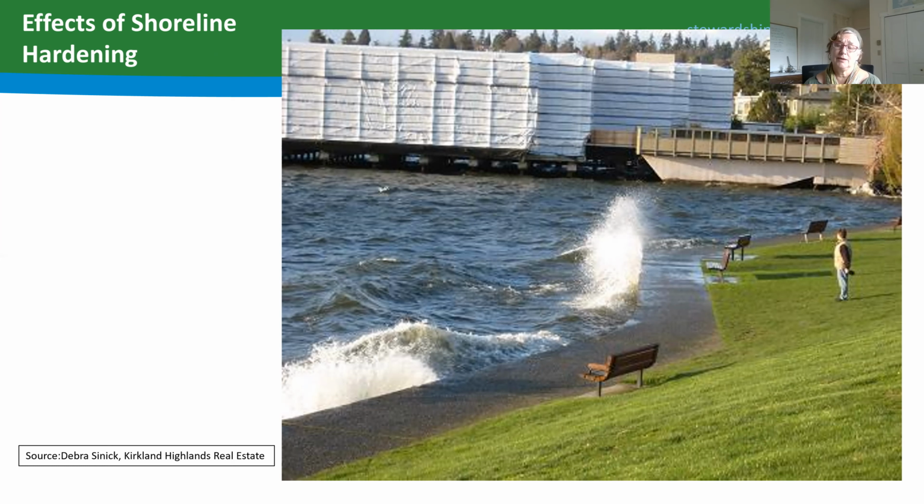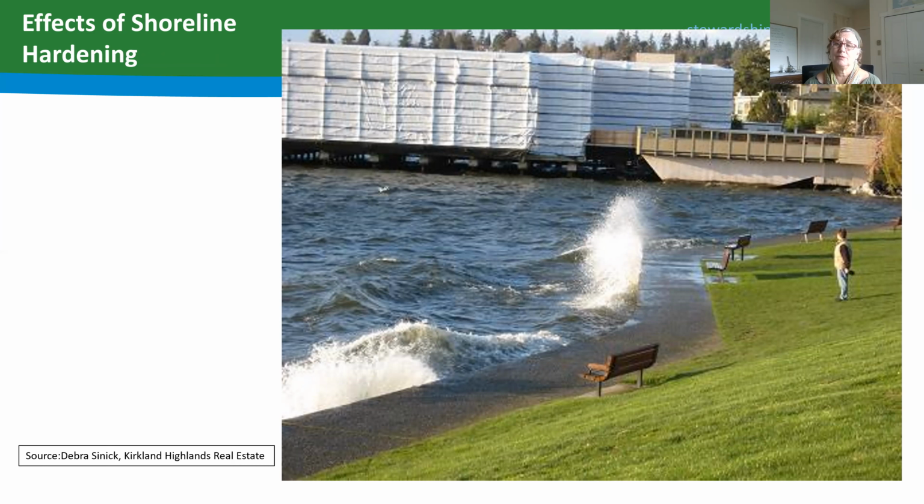It used to be a best practice to put in a hardened shore to stabilize the shore. But increasingly we found that putting bulkheads or hard armor along shores of lakes as well as the marine coasts has really serious negative impacts.